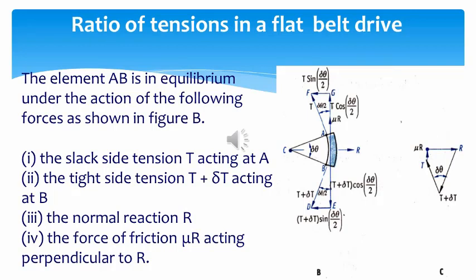So slack side tension T is acting in A direction, tight side tension T plus delta T is acting in B direction, and there is a normal reaction R and frictional force mu R acting perpendicular to the normal reaction R. So all these are shown in the figure on the right hand side.